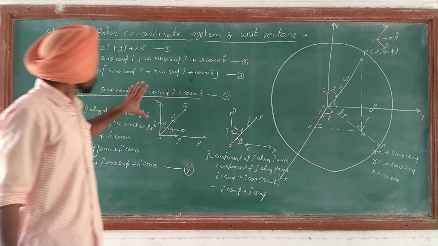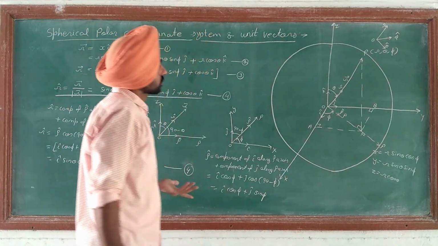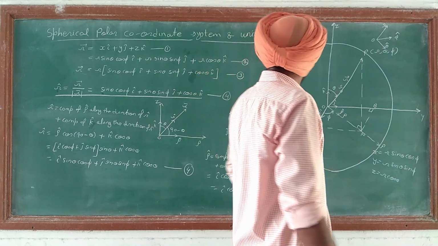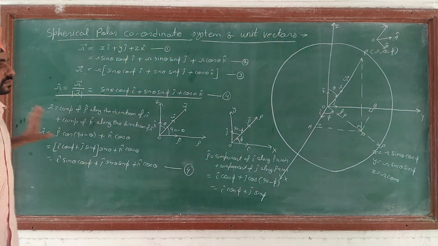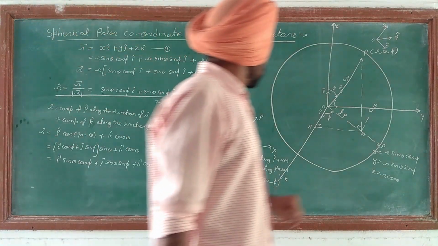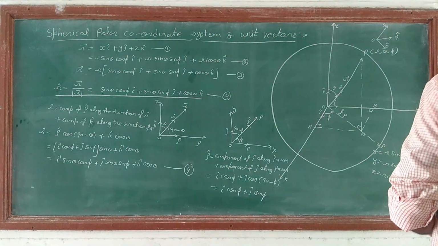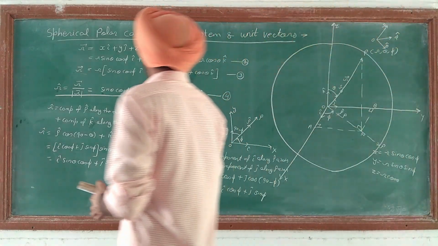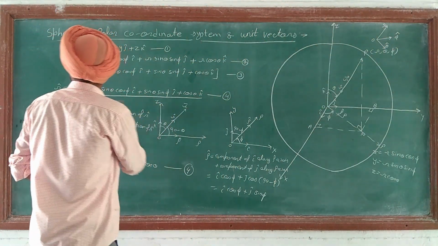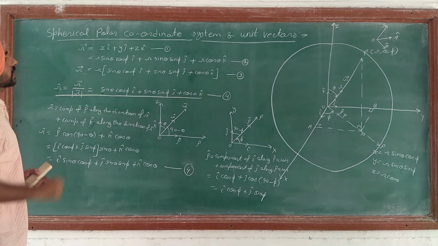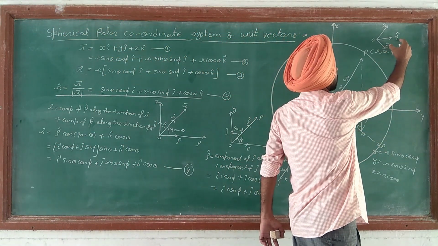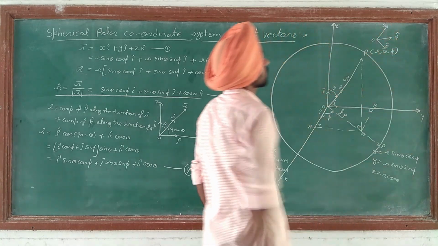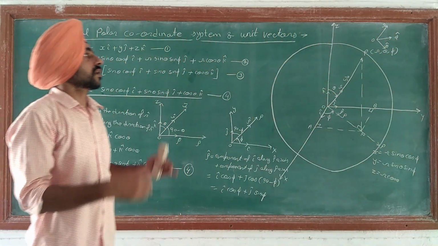You can consider the first aspect or the second aspect. It depends on you. Next we will find the unit vectors theta cap and phi cap. The condition is that all the unit vectors are mutually perpendicular, they are orthogonal.